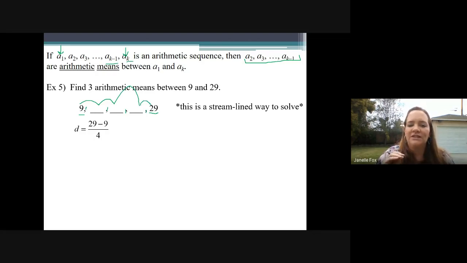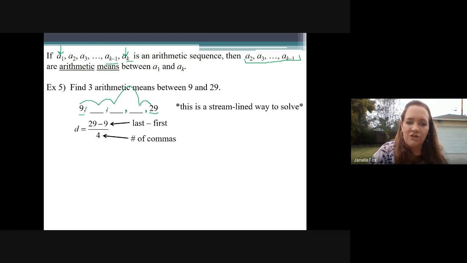So you divide by the number of changes there are, or you can simply count the commas. You can write it in English as a little help for yourself: it's the last minus the first, divided by the number of commas.